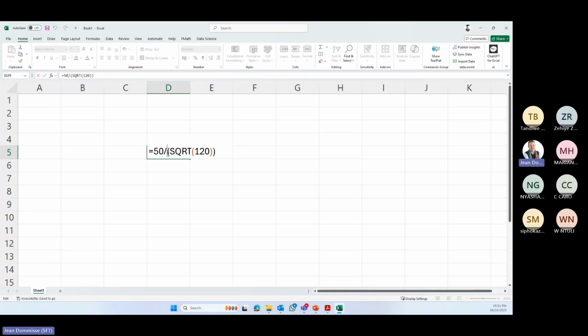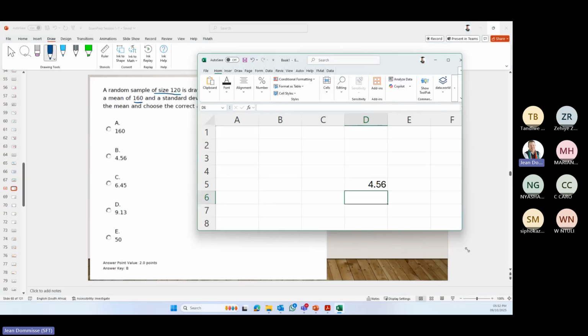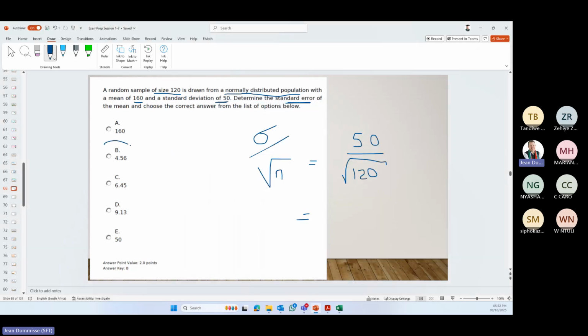All that I did is 50 divided by the square root of 120, and I got the 4,56. I just quickly want to see, for interest's sake, if I used the mean, whether we get one of the answers. Luckily not. Luckily they don't give it to you. But there's the 4,56.